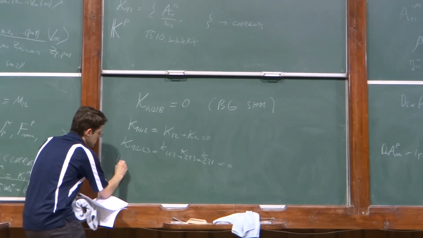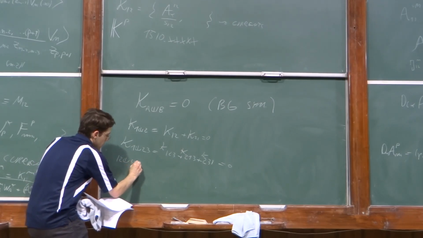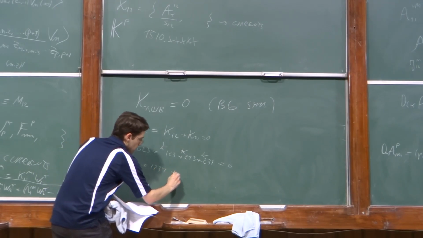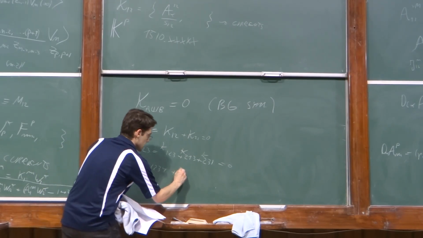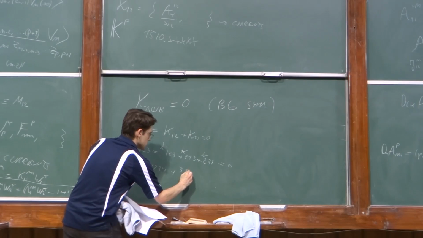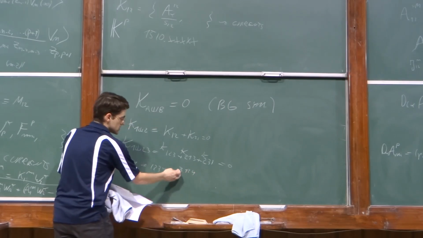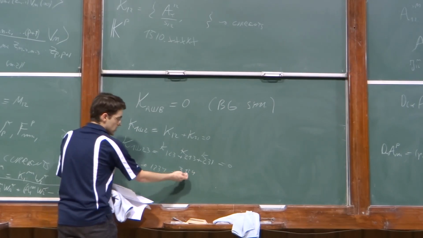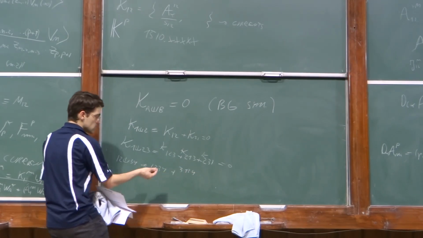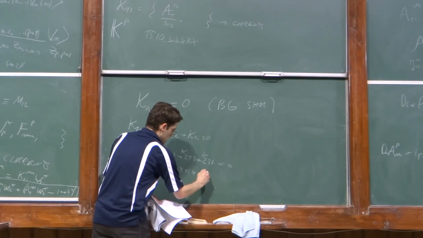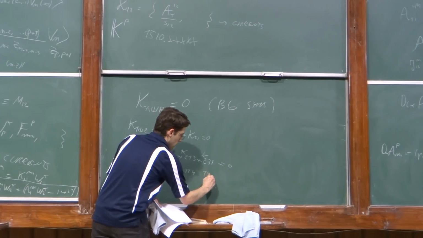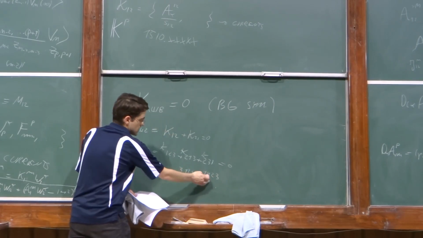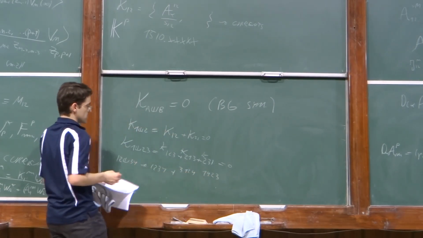So for example, 1 2 shuffle 3 4 contains 1 2 3 4, and it contains 3 1 2 4, because the 3 4 order is preserved and the 1 2 order is preserved, but it will not contain, for example, 1 4 2 3, because this is not in the same order.